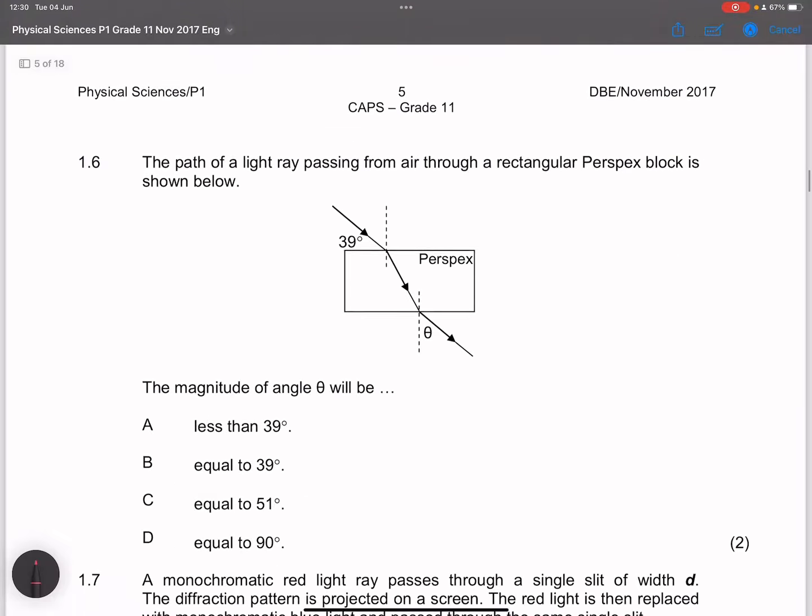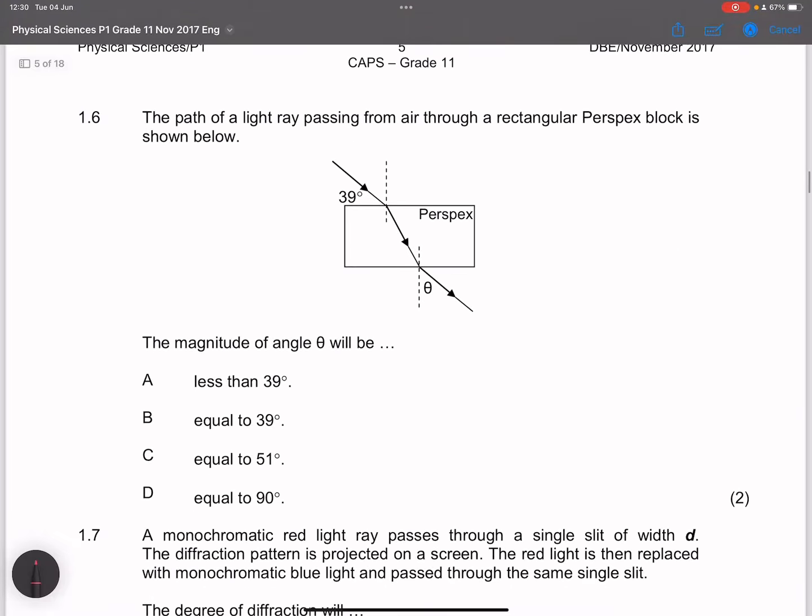Right, so the next question, they say the path of a light ray passing from air through a perpendicular perspex block is shown below. They say the magnitude of the angle theta will be. Now, once again, in this case, this is our incident angle, okay?